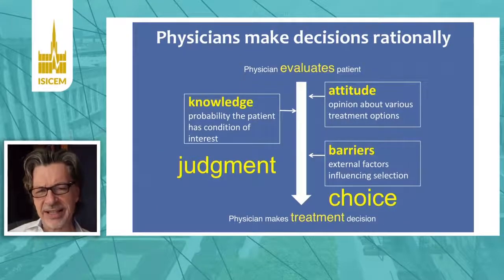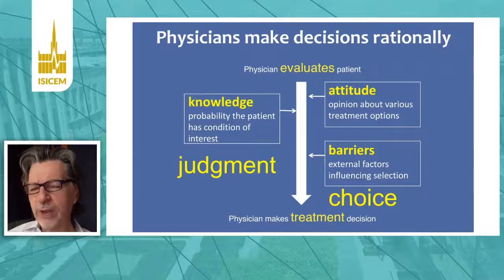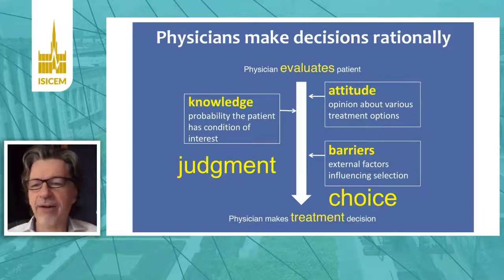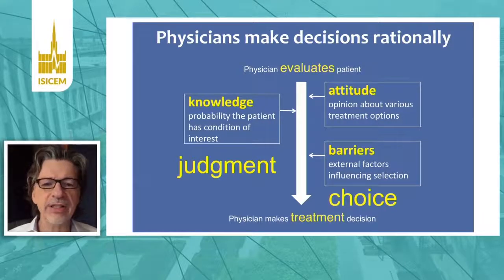You can see in this slide, therefore, the way that we've traditionally thought about how we end up making a choice or a decision: we would evaluate the patient. As we evaluate the patient, we have in our mind some background attitudes, opinions about various treatment options based on how well we know the literature.